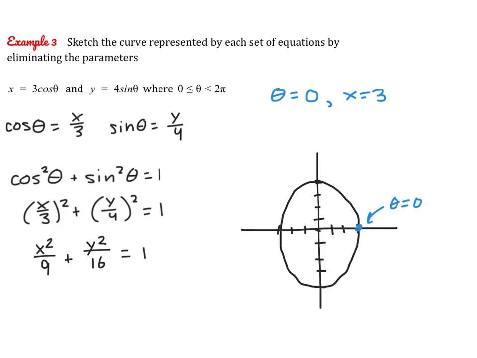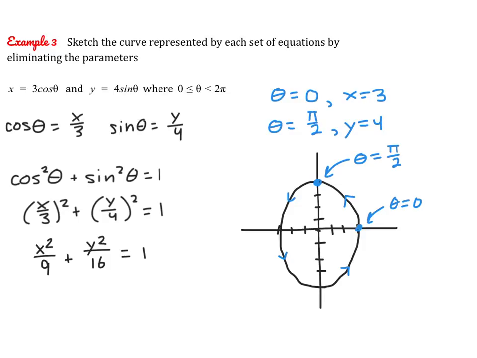So let's pick theta is pi over 2, because that's a really nice value for sine. I know that the sine of pi over 2 is 1, so 4 times 1 is 4. So y would equal 4. And the only point on my graph where y is 4 is right here at the top. So this occurs when theta is pi over 2. So I can tell that my graph is moving in this direction. So that's the orientation of the graph.